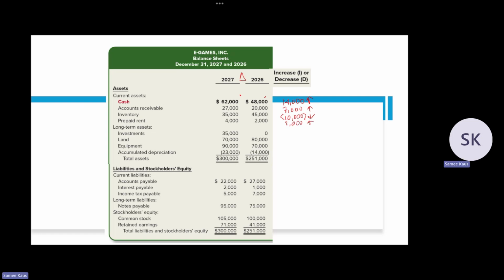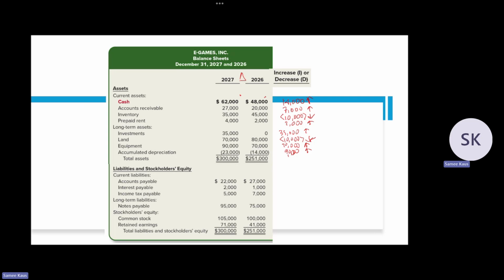Now my long-term assets, it looks like my investments went up by 35. My land went down by 10. My equipment went up by 20. And my accumulated depreciation went up by 9. Okay, so now we're almost done.